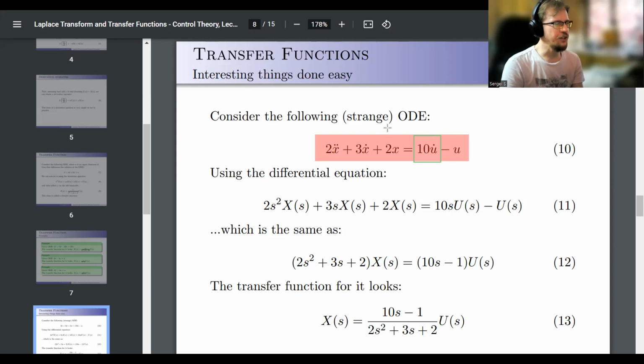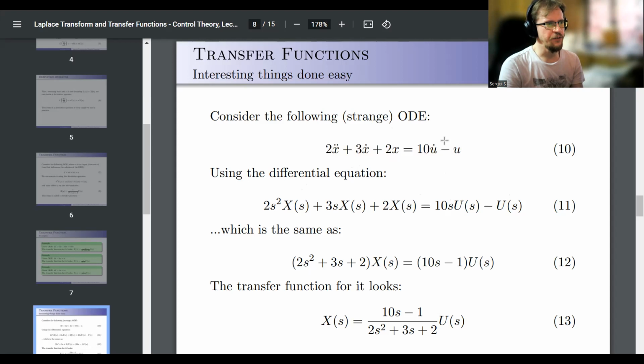There is actually nothing too strange about u dot being in the input, but we'll discuss it maybe tomorrow. But we can easily transform it. Let's do it step by step.